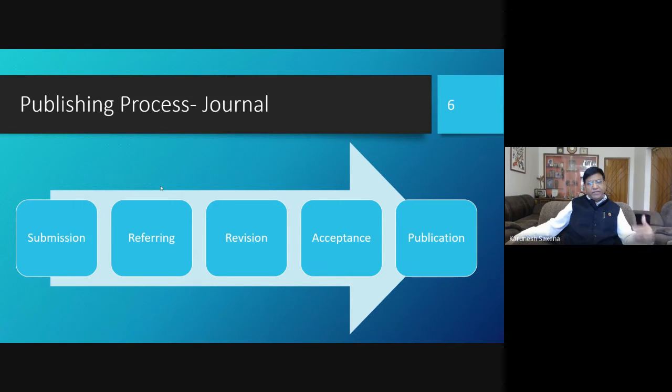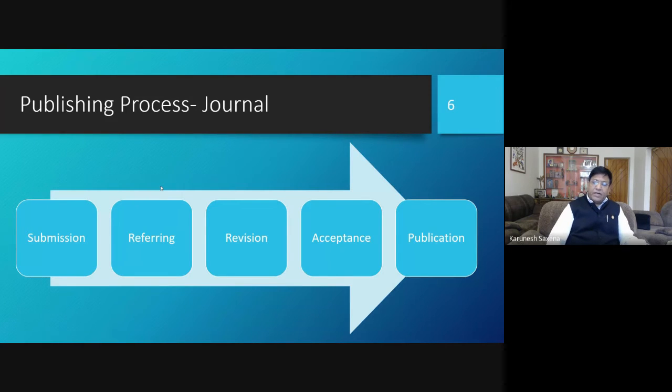I receive papers from these journals, and once I go through them, I can suggest the revision areas and revision points. Secondly, if it is not up to the mark or not fitting the scope of the journal, we can even suggest outright rejection.